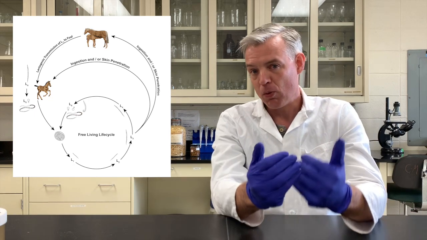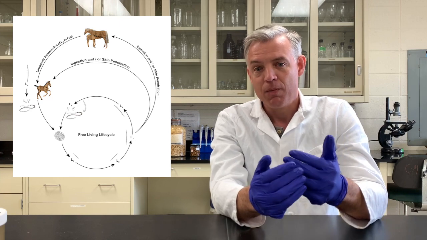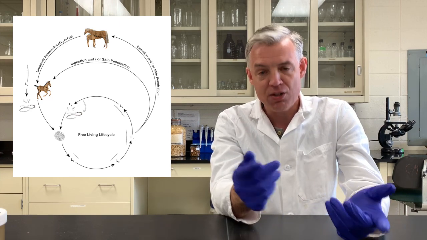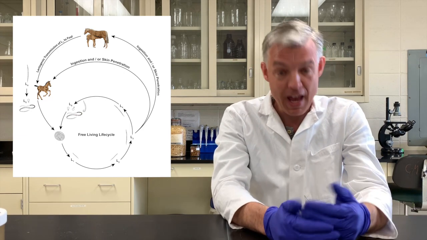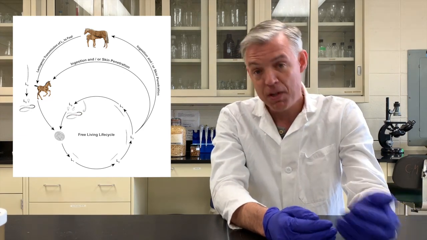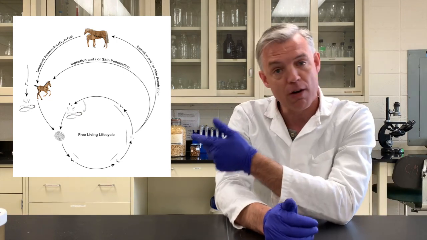It's a double life cycle. This parasite is the only one routinely infecting horses that has two options. It can choose to be a parasite and infect the horses, but it can also choose not to. So that's why this life cycle chart looks like this.